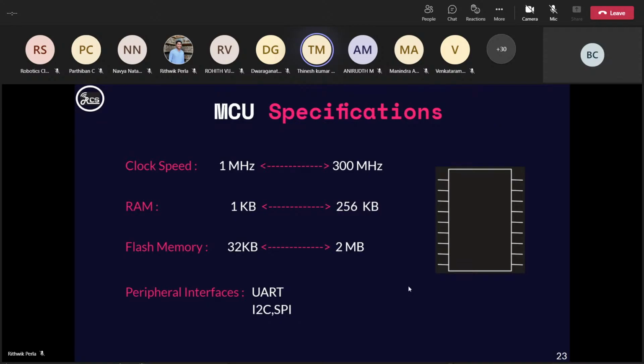Flash memory is nothing but a ROM, a read-only memory. It is named flash memory because most microcontrollers do not use plain read-only memory, since in read-only memory you cannot change the set of instructions or programs uploaded in it.